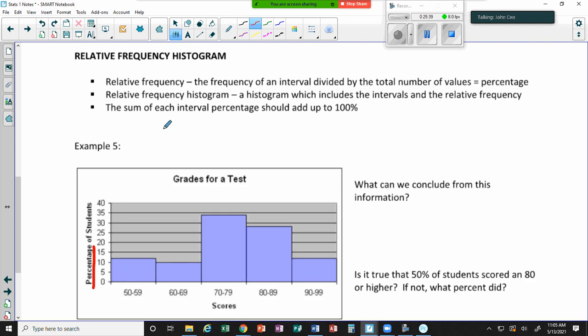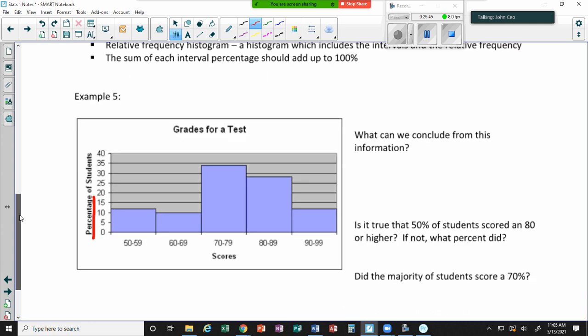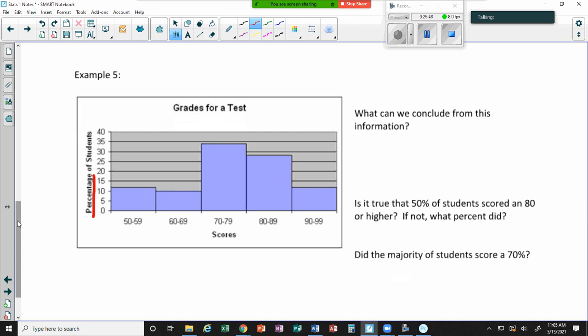Okay, so what can we conclude from this information? How do we interpret this graph then? So what can we say? Give me your observations about this graph. Yeah, the highest percentage of students scored from 70 to 79, right? The highest percentage.